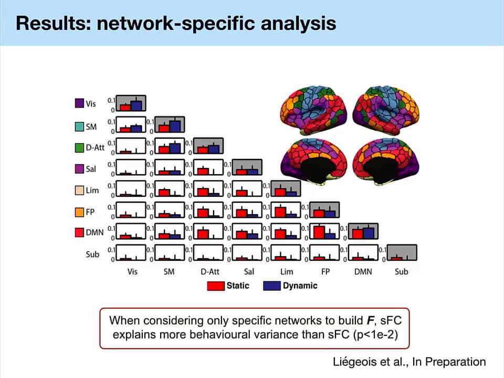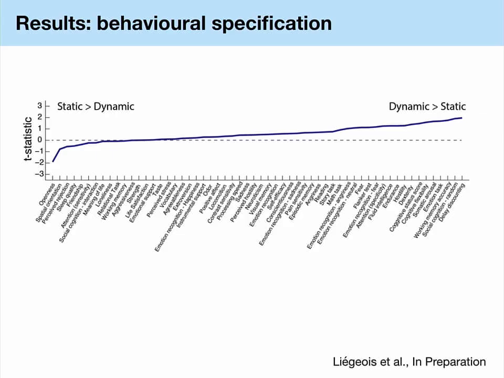So we end up with the t-statistics for each behavioral measure, and we then order all the measures based on these statistics. So this is what we get, and on the left we have the measures that are better explained by static functional connectivity, and on the right we have measures that are better explained by dynamic functional connectivity.